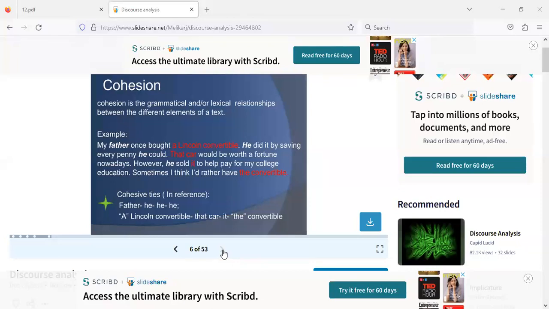Justifying the previous section. Right. Justifying the previous actions or happenings. What else can you think?